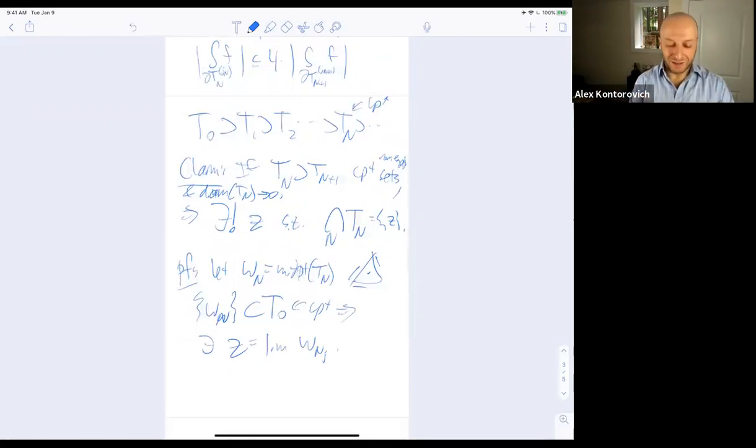And this Z is in Tn for all n. Why? Well, they're nested.